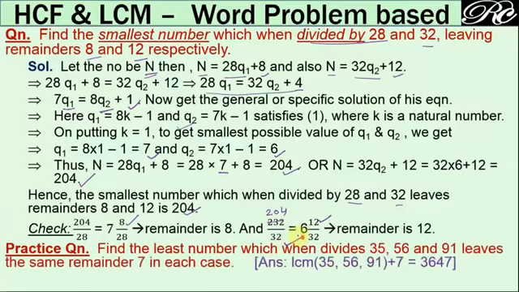Questions are given here. Another question: find the smallest number which when increased by 17 is exactly divisible by both 468 and 520.